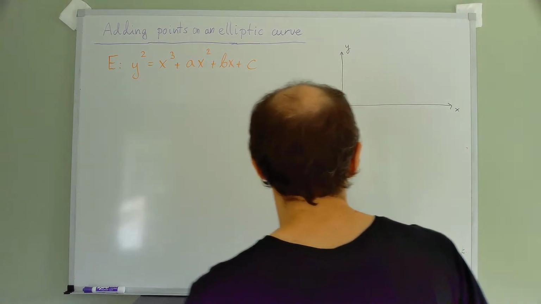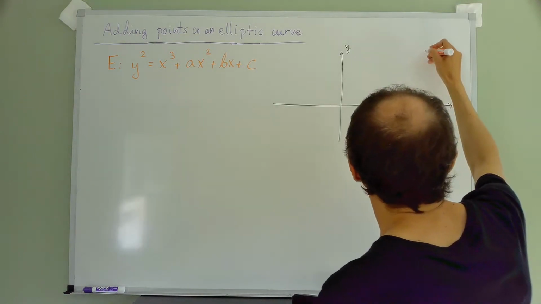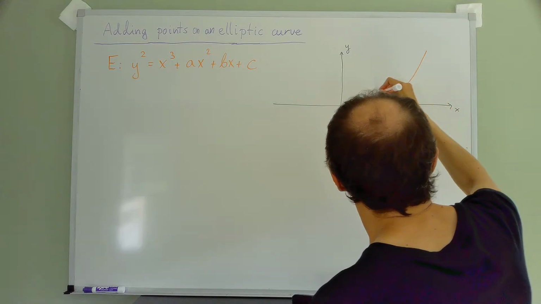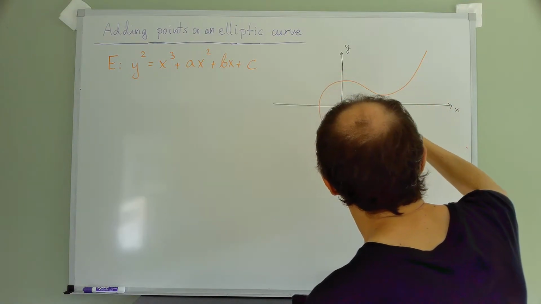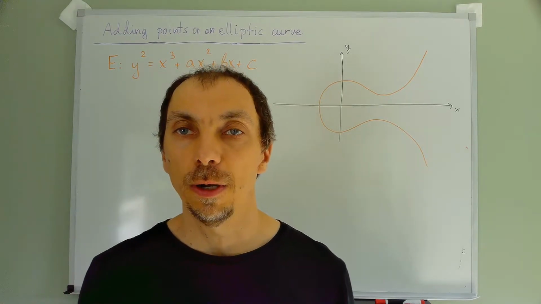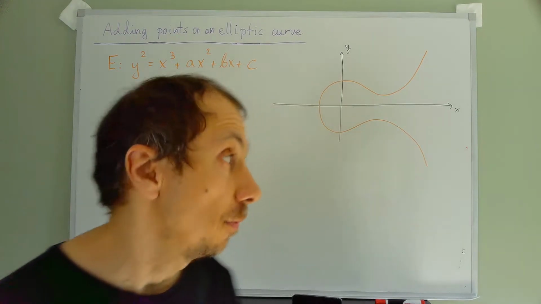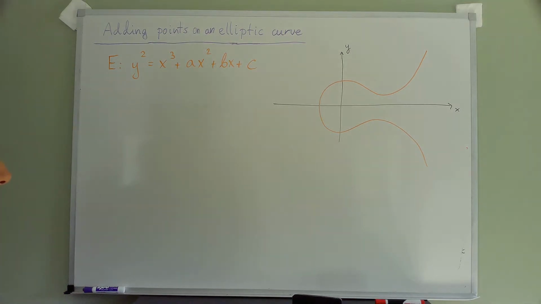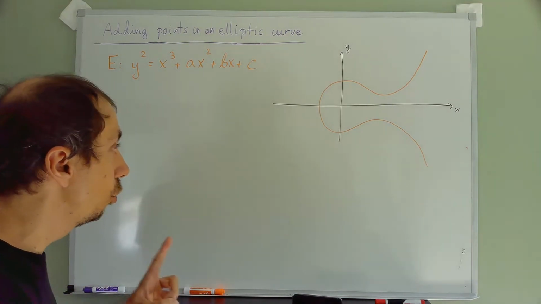The graph looks like this. It doesn't have to, right? There's another shape that is possible, but let's just concentrate on this shape for the moment. Cubic curve.